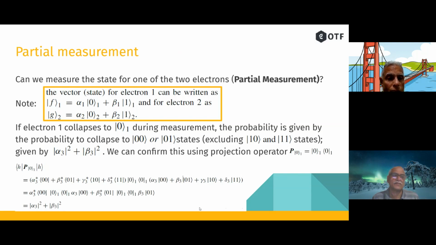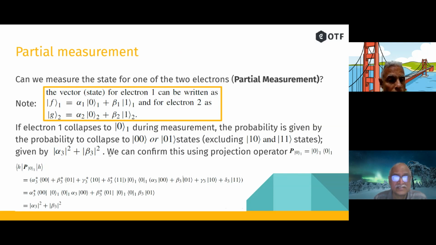So what is this partial measurement? If electron 1 collapses to, let's say, 0 during a measurement, then the probability is given by the probability to collapse to either 00 or 01. Remember, one of the electrons is already collapsing to 0, which also means that the entire system will either collapse to the state 00 or 01, so I'm definitely going to exclude the 10 and 11 states. The resulting probability will be given by |alpha 3|² plus |beta 3|².